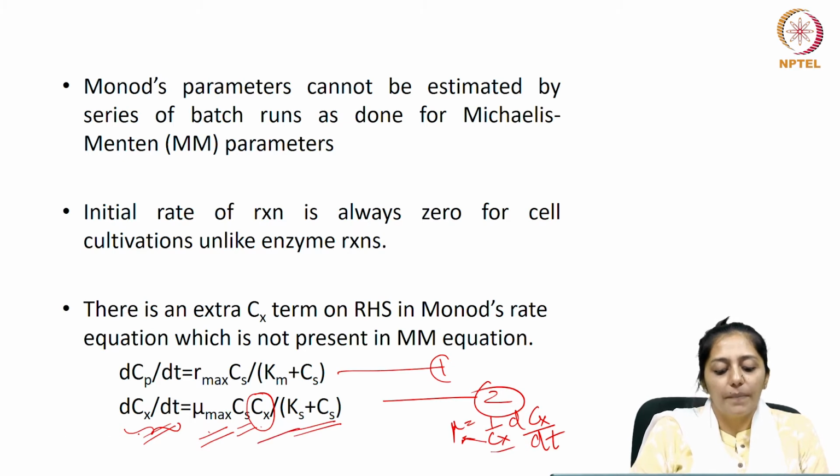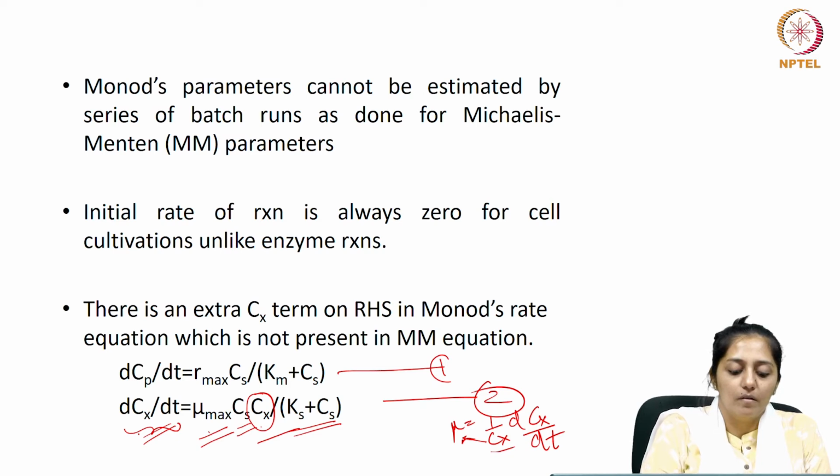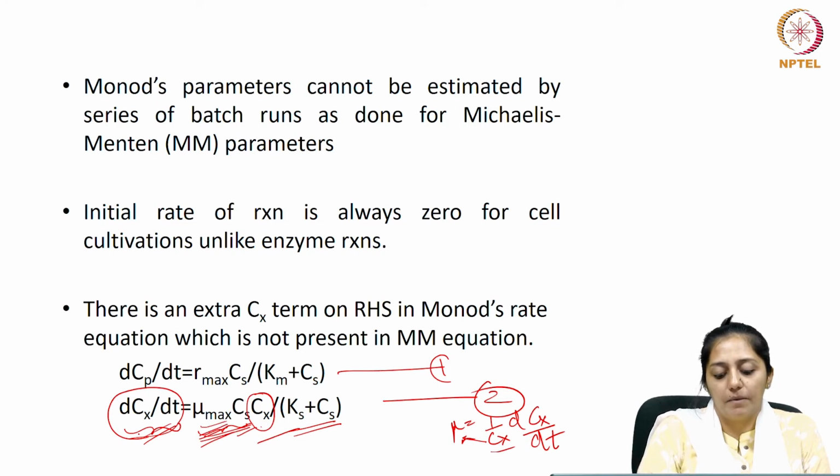So if you now compare the Michaelis-Menten equation, where the rate of reaction is the maximum rate multiplied by the substrate concentration by Ks plus Cs, there is an extra Cx term which is not there in the Michaelis-Menten equation. So this is how they are different.